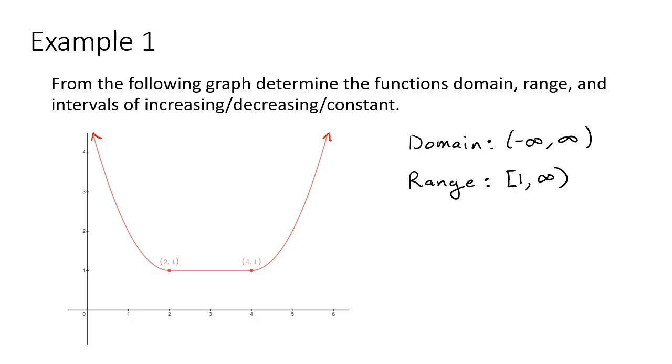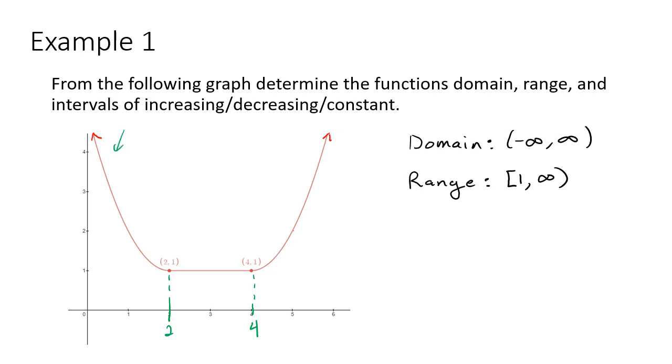Now, increasing, decreasing, and constant, we've touched on briefly before. But again, keep in mind that you're describing where it's happening in terms of x values. So try pausing the video here and see if you can figure out where this thing is increasing, decreasing, and constant. All right, well, let's start with this far left side.